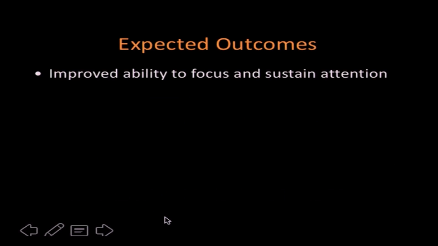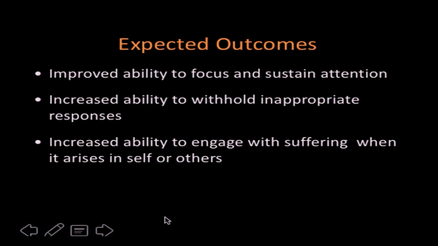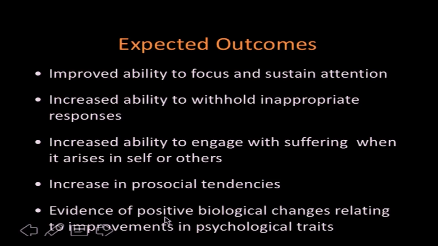We expect people to be able to focus better and sustain their attention, to withhold inappropriate responses, to increase their ability to engage with suffering, and ultimately our motivation is to increase pro-social tendencies. So we also want to look for evidence of positive biological change related to psychological traits.